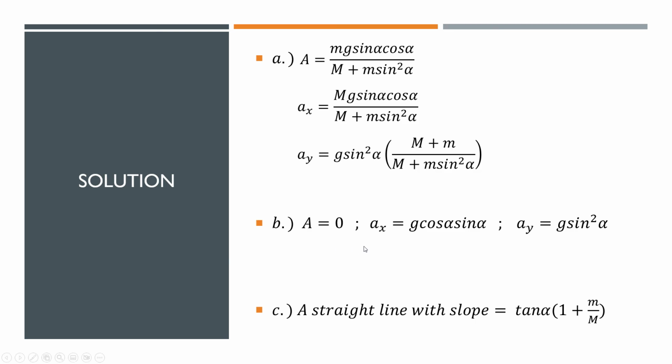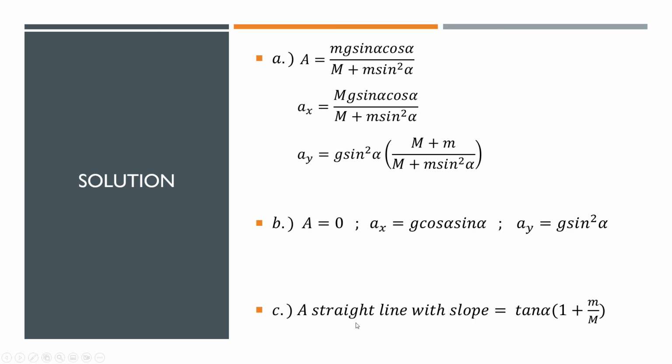In part B, we took the limit of these accelerations in part A with capital M, the mass of the wedge, blowing up to infinity, and found that they agreed with the expected results found in a regular block sliding down an incline scenario.